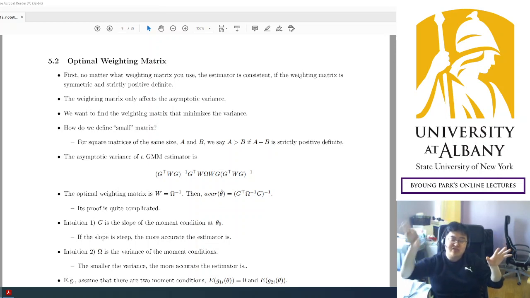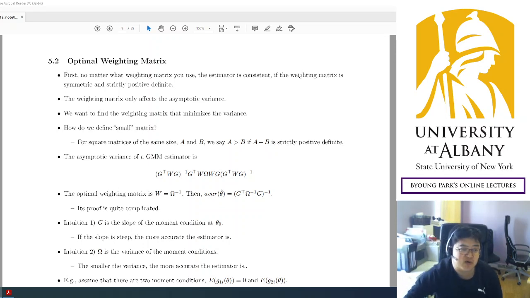And if you use a different weighting matrix, you get another 2x2 asymptotic variance matrix. Then, how can you compare 2x2 matrices? Which is larger? The answer is here.